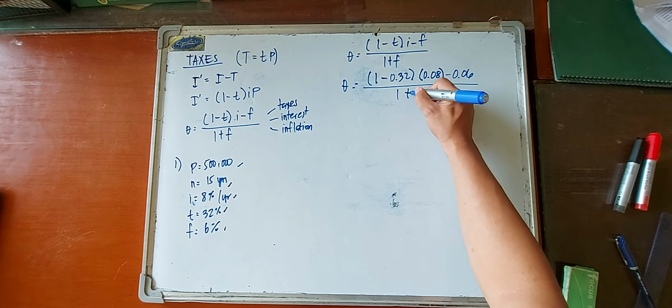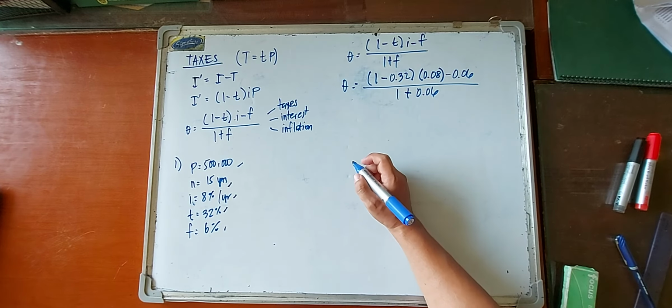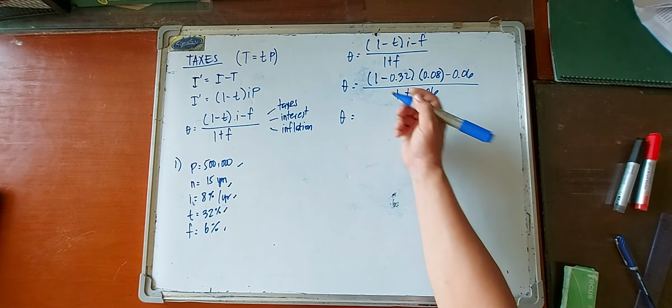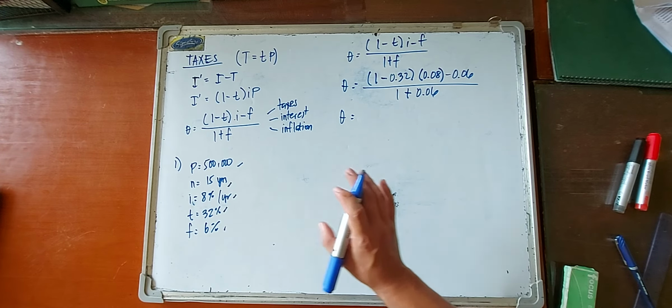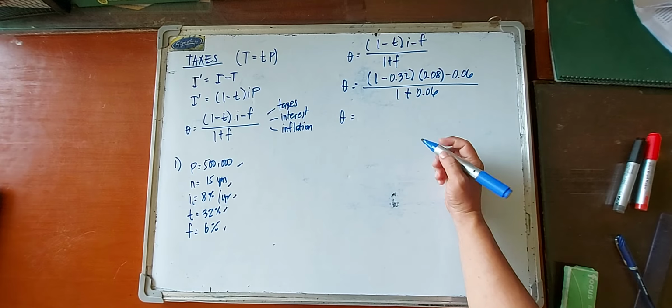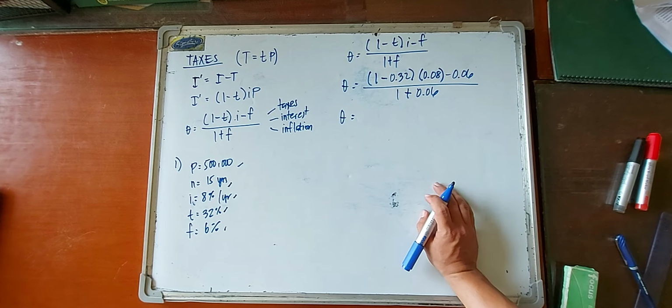So divided by 1 plus 0.06 na inflation rate natin. So the composite interest rate, again, is the combined effect of inflation, taxes, and the interest of the investment.